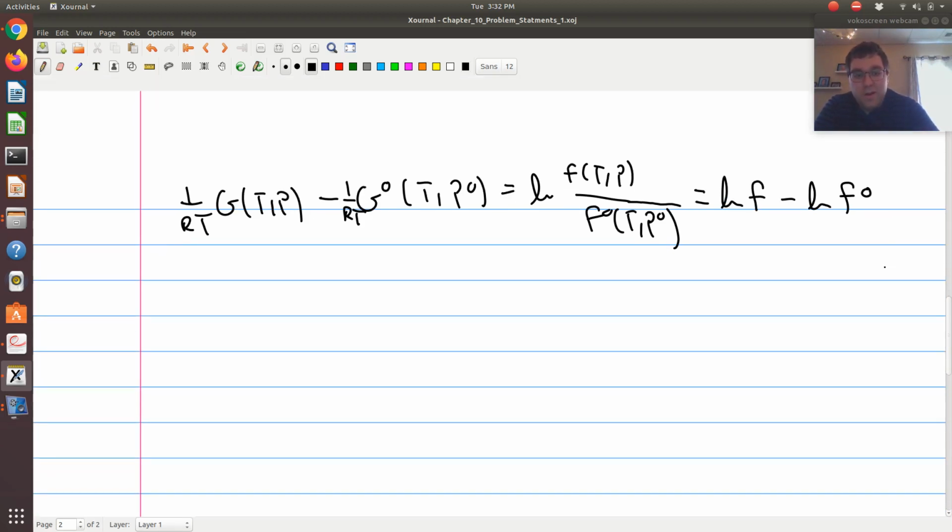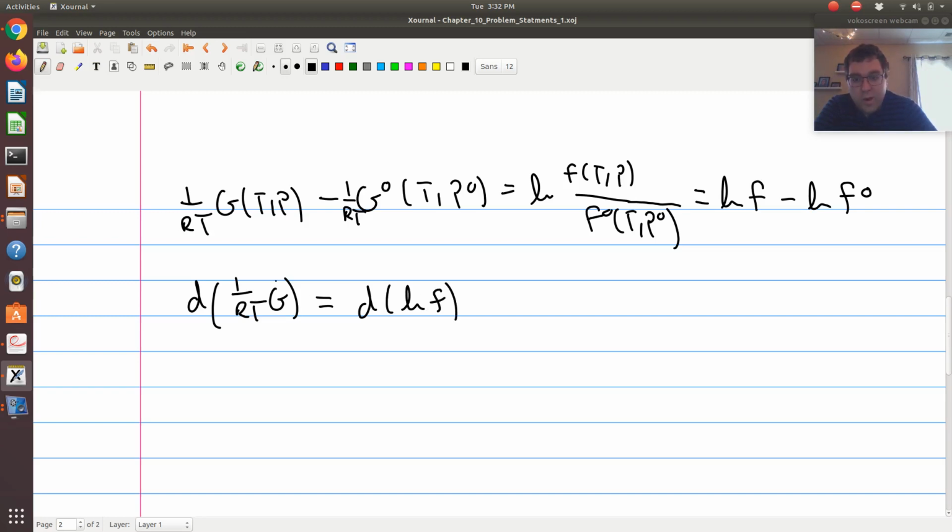So if I wanted an expression for the differential of log f, what's key is that this reference state or standard state value is just going to be constant. So what I end up with is that the differential of 1 over RT G, the differential of my dimensionless molar Gibbs free energy, is equivalent to the differential of log f.